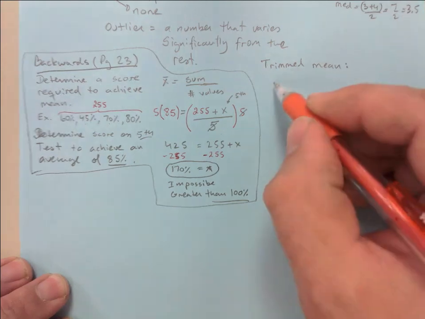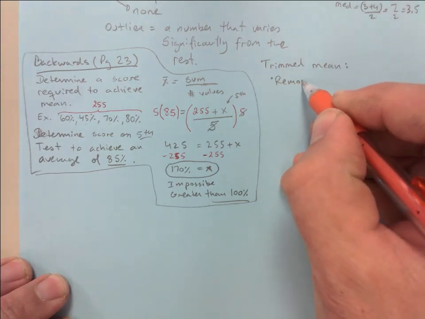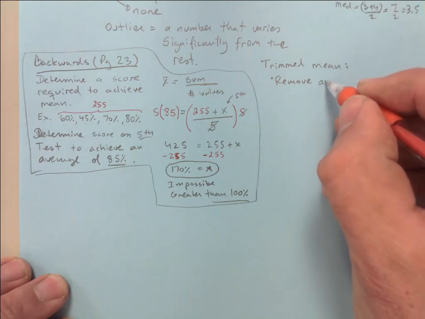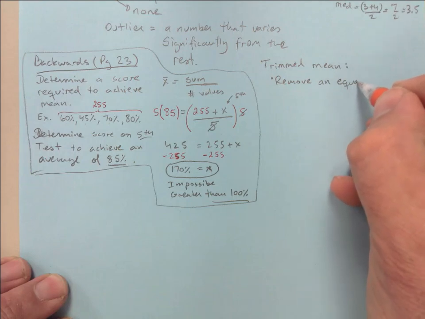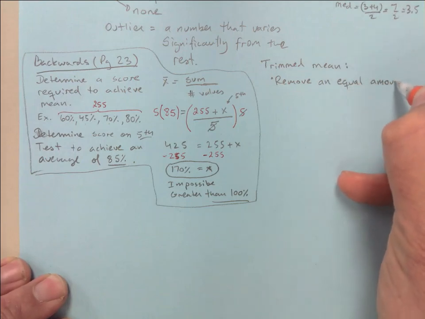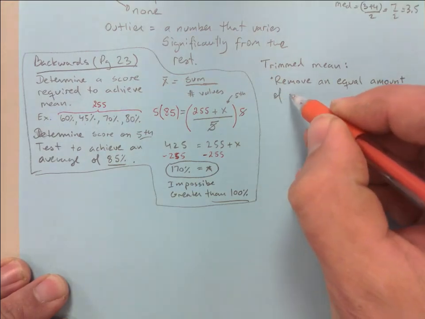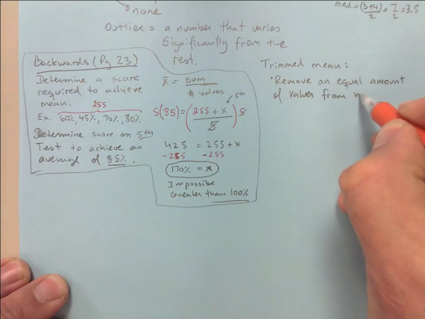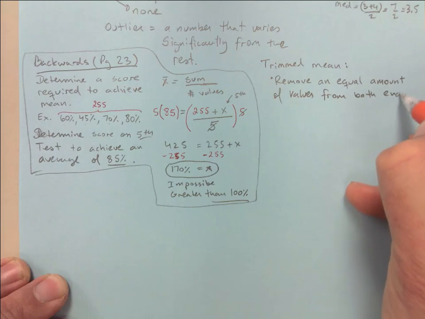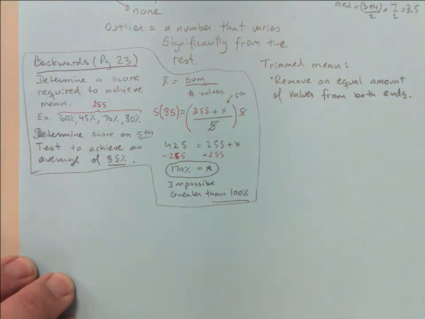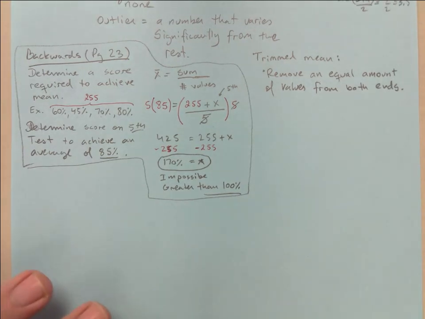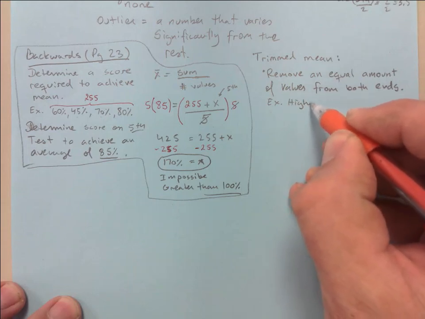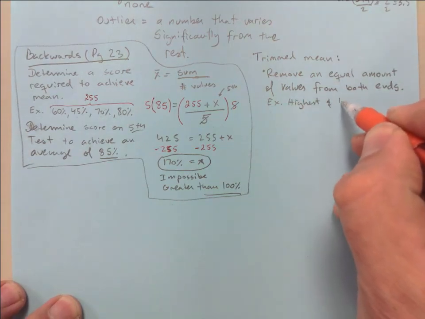Couple of things with trimmed mean. Remove an equal amount of values from both ends. Okay. Example, highest and lowest.